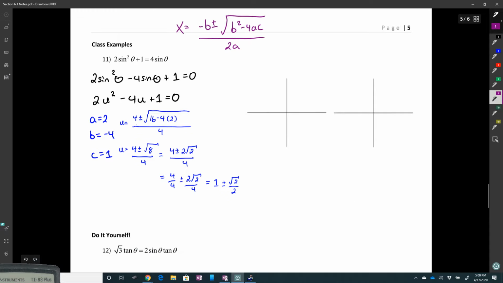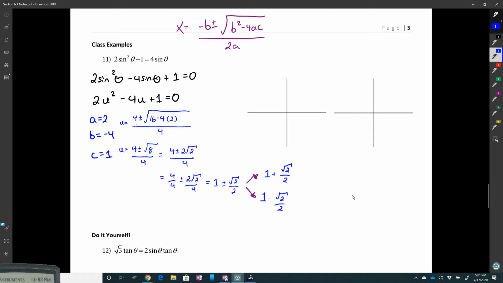All right, so we're just looking for approximations here. And so the two answers that I get are 1 plus square root of 2 over 2, and 1 minus square root of 2 over 2.